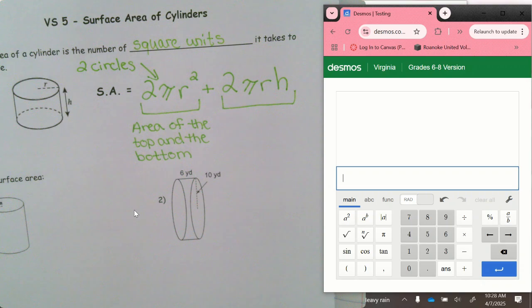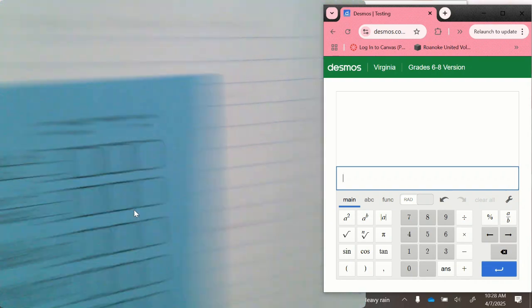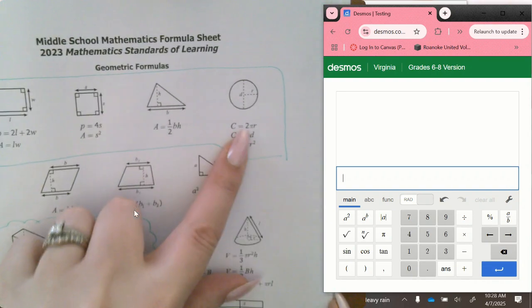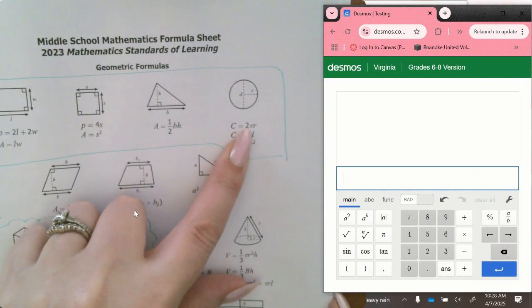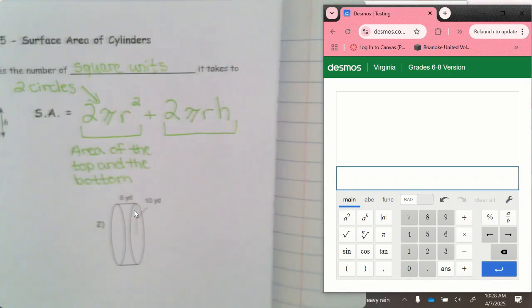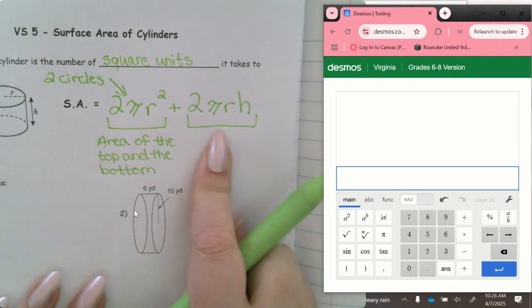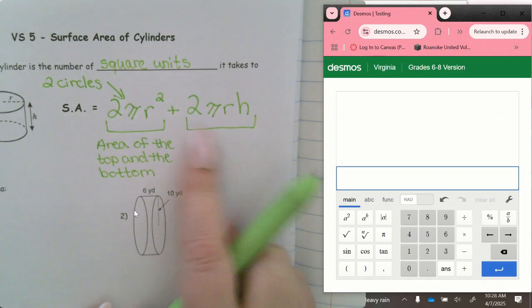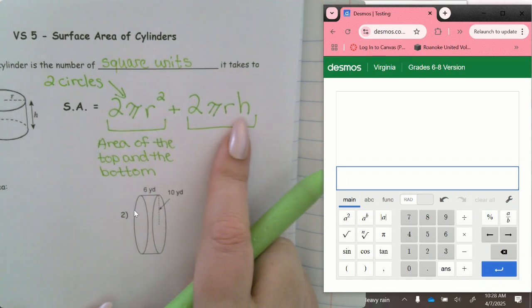What do you think? Not the area of the circle. The circumference. The 2 pi r is the circumference of the circle, okay? So this part is the circumference of the circle times the height.